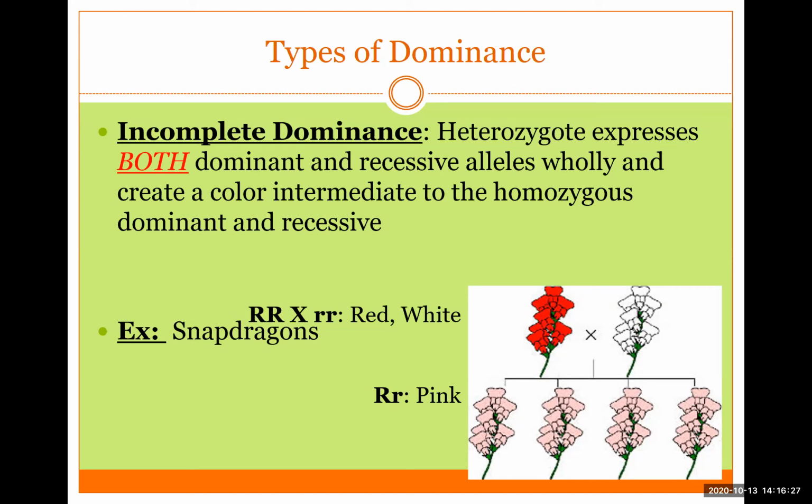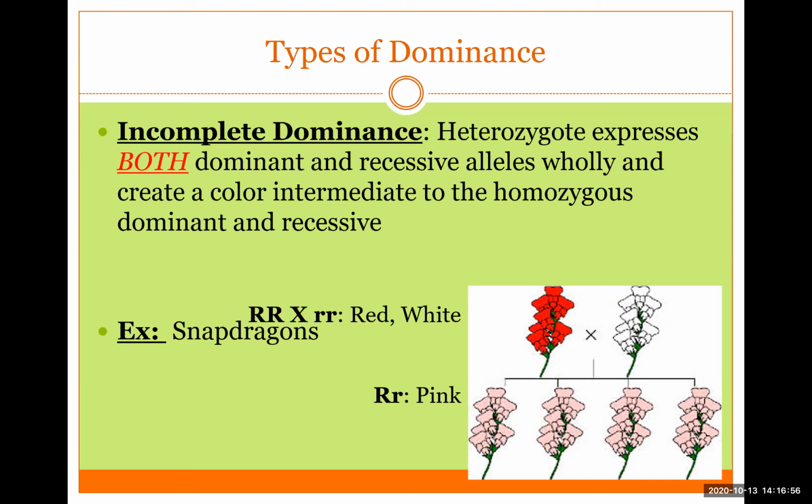Back to like kindergarten where you learn colors, right? Red and white make pink. Okay, we're good? All right, cool. So this gets confusing because we have the red plant is uppercase R, uppercase R. All right, that's the red plant. And then lowercase r is the white plant.